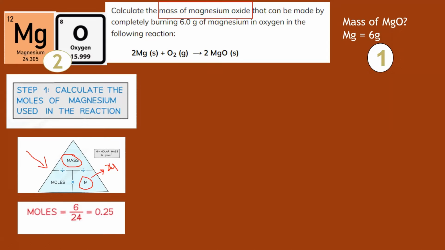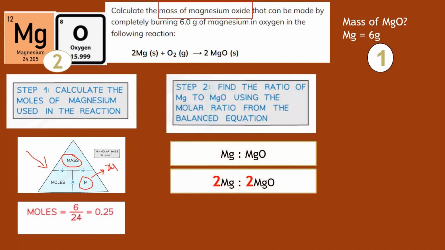Now the next step is that we need to calculate the molar ratio in order to know how much magnesium oxide we would be using with respect to the magnesium. So since the equation is already balanced, we know that 2 magnesium will give us 2 magnesium oxide. And therefore, we could conclude the molar ratio between them is 1:1.